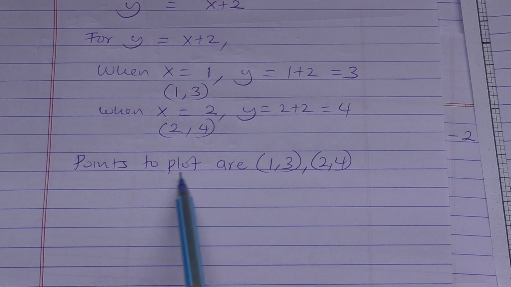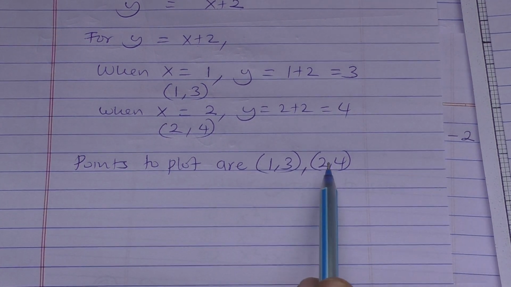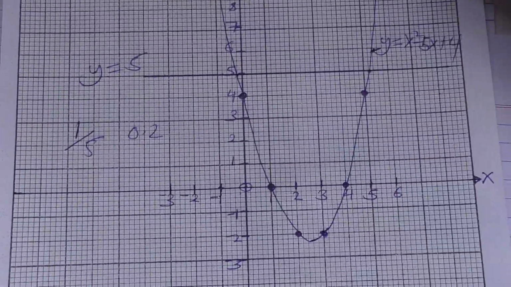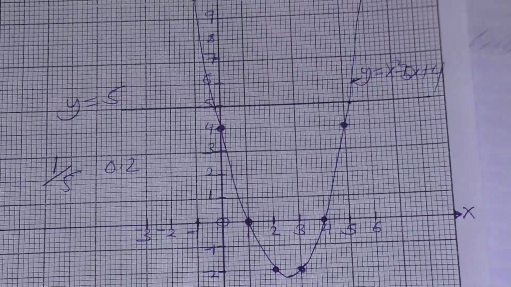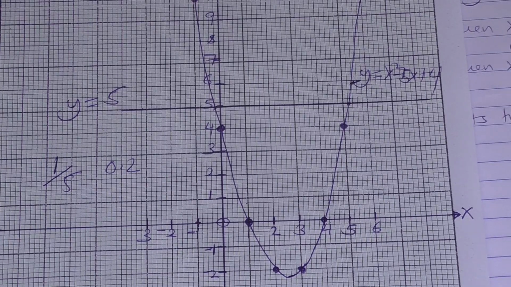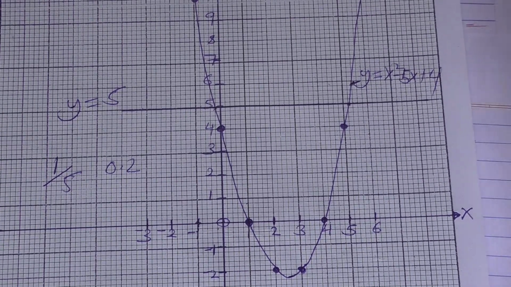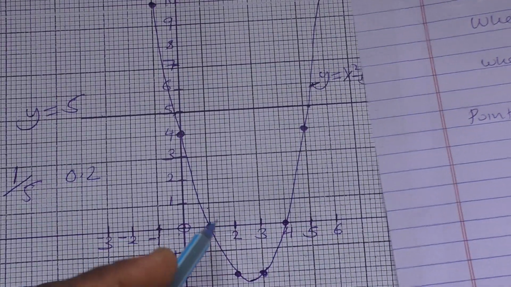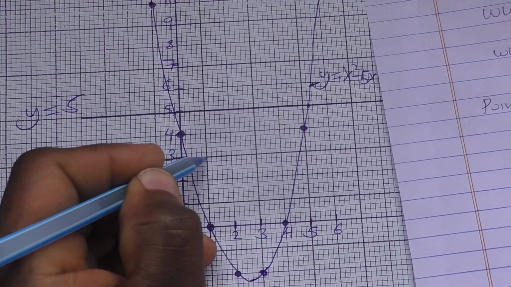As long as you obtain these 2 points, which we are now going to plot on the same graph. So can we do that? We are plotting 2 points, and we shall draw the line through those 2 points. Our first point is (1, 3). So let us plot. (1, 3) is here.